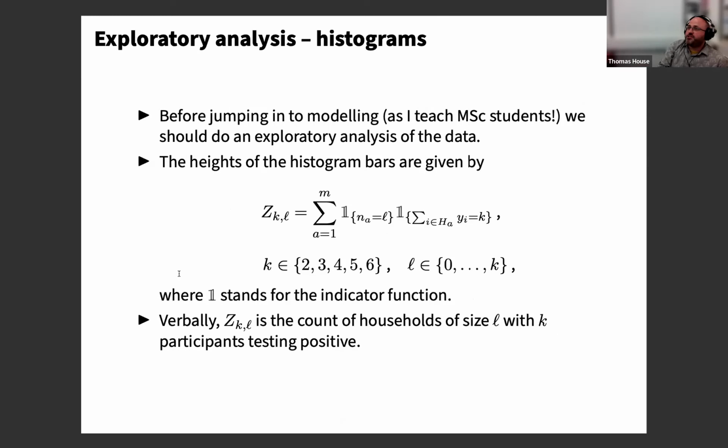So before jumping into modeling, we should do some exploratory analysis. So ZKL, which I've defined with indicator functions. And the other thing to say quickly is, although there are some households bigger than 6, they're very atypical.